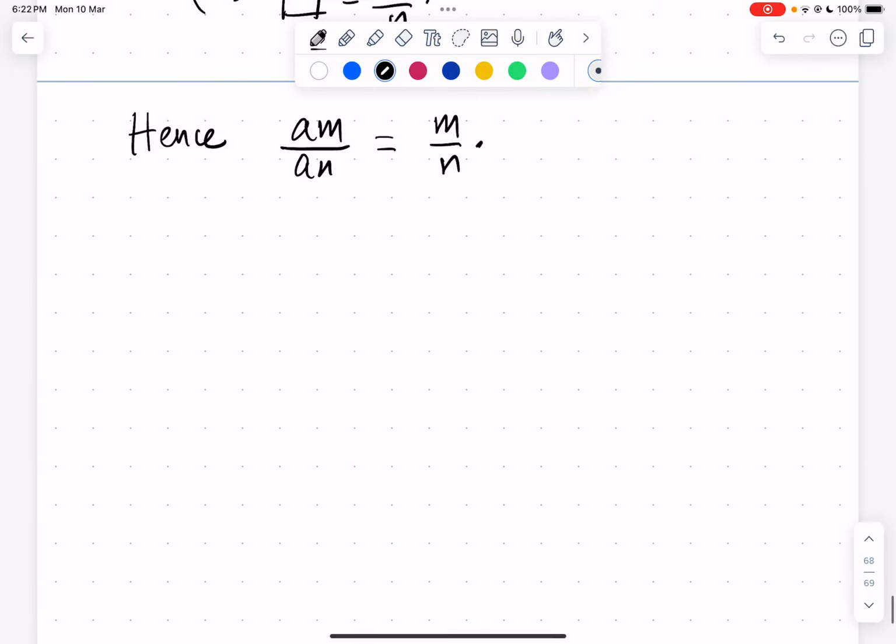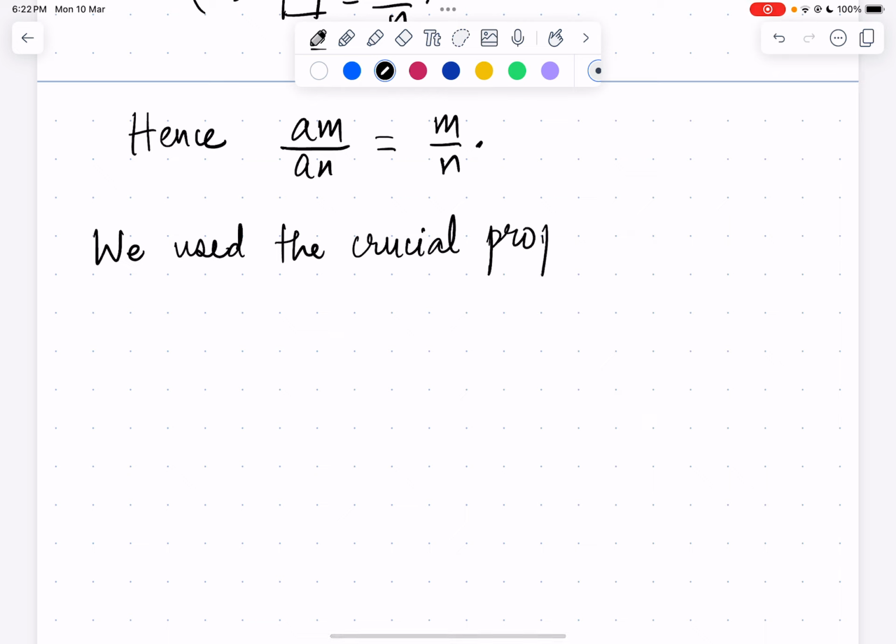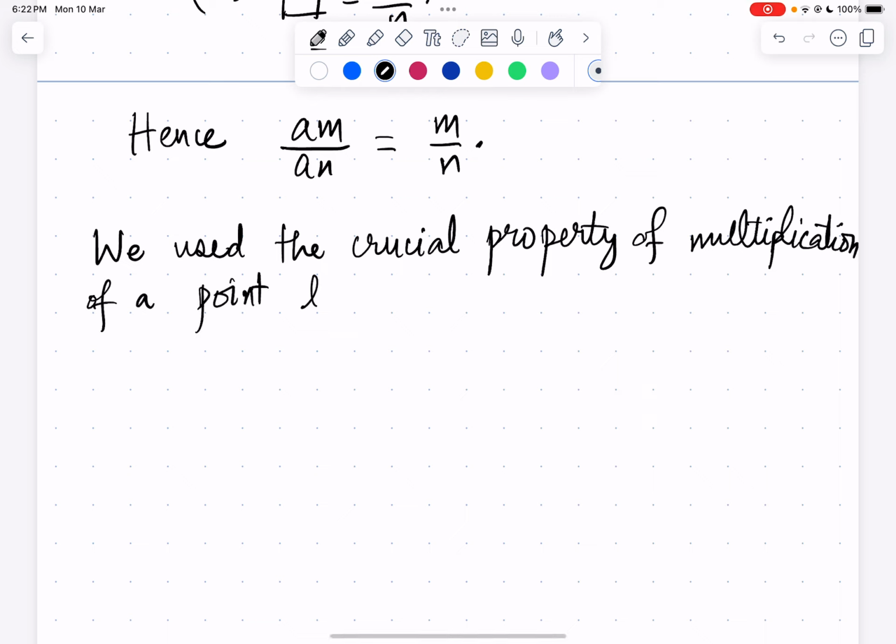So we used the crucial property of multiplication of a point by an integer.